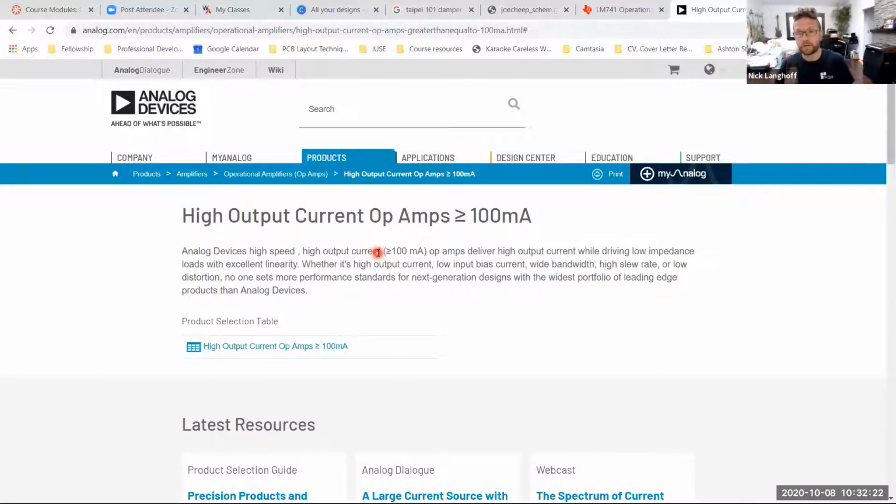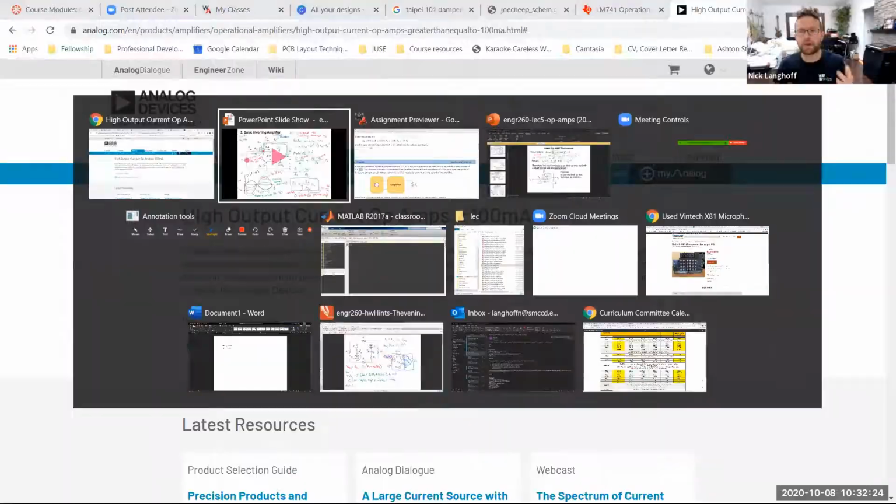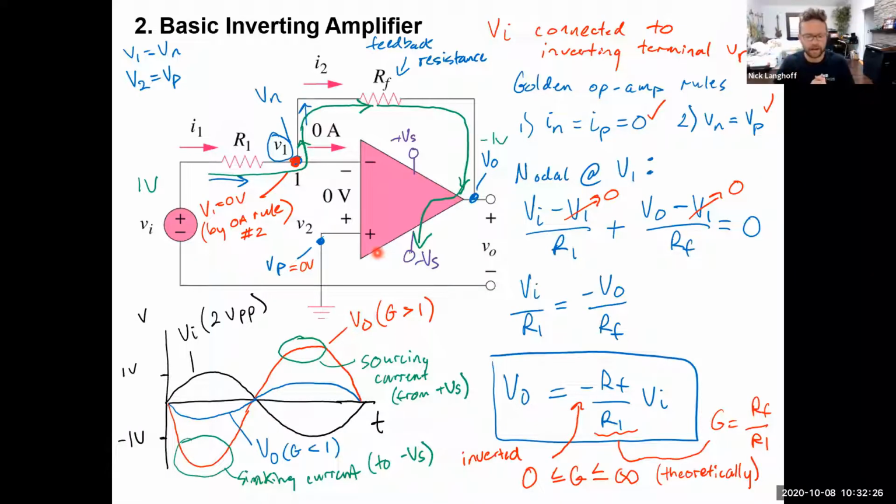So great question. That's something I want you guys to think about. Questions like that allow you to make the jump from analyzing op amps on paper with ideal op amp techniques to realizing that when you go to design something, you're going to use a real part that has real limitations.